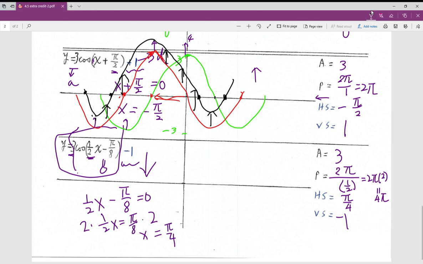Now, this one, half. Half means you stretch to double. When you stretch to double, this graph will become flatter, right? Here, you stretch up. This one becomes here, and this one becomes there. Everything doubles, so it's like this.